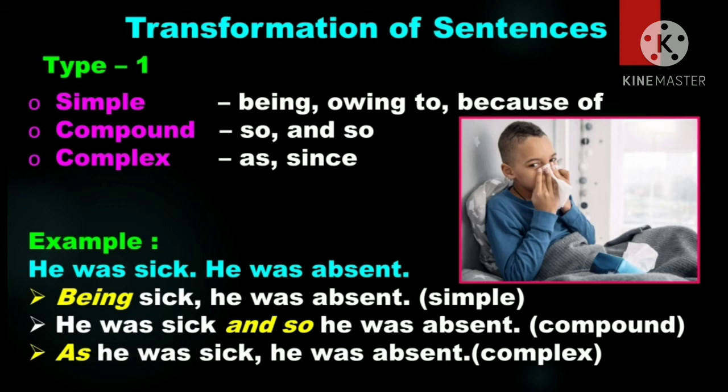When we change this sentence into simple, we should use "Being sick, he was absent." When it goes to compound sentence, then "He was sick and so he was absent." When it goes to complex sentence, we should use it like this: "As he was sick, he was absent."